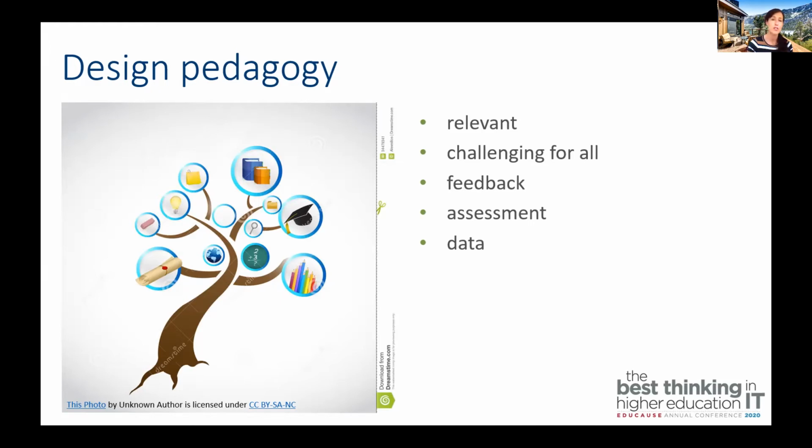And so you want to actually be able to assess whether learning is occurring, and also collecting data to be able to give you information about that student performance and to identify areas that require attention. So that's really critical in order to be able to see what is going on the back end.